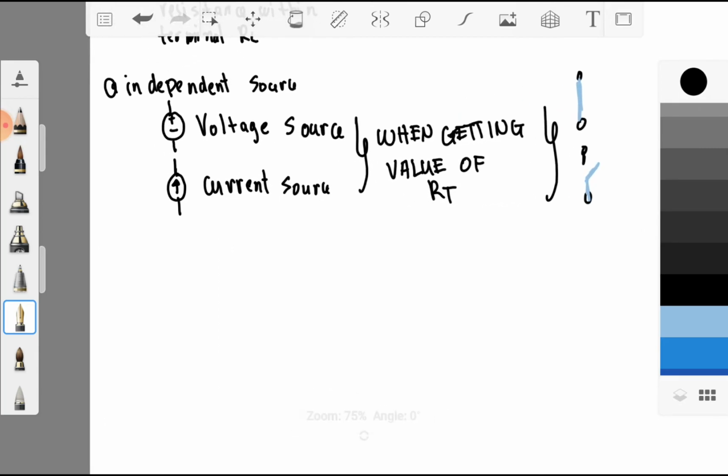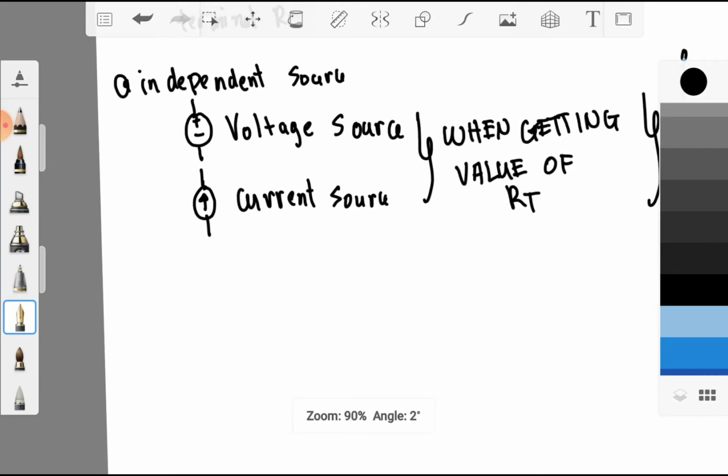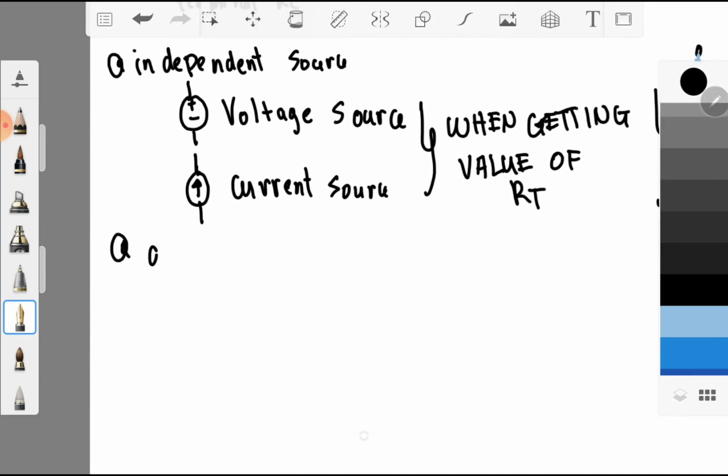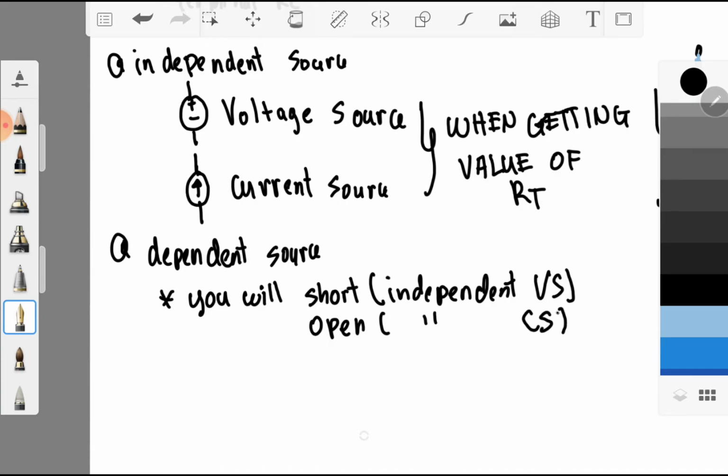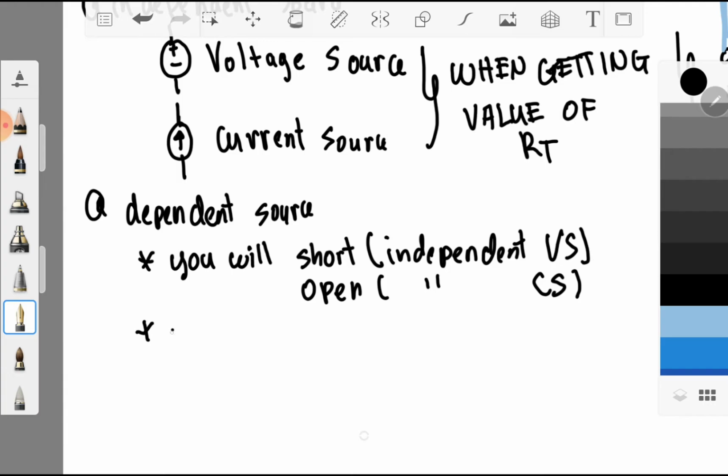But how about if there is a dependent source? So at dependent sources, you will short the independent voltage source, open the independent current source, but let the dependent source be.